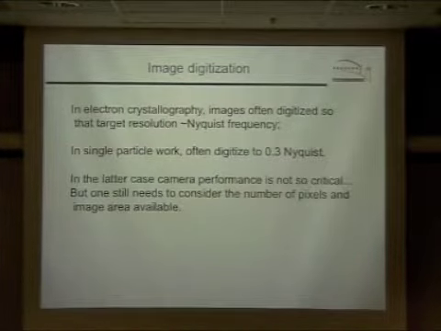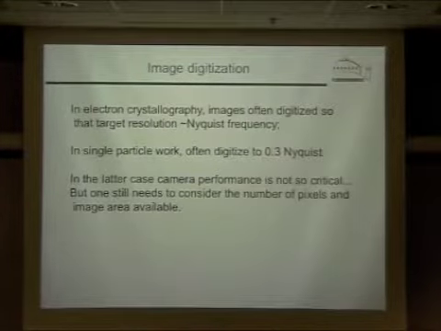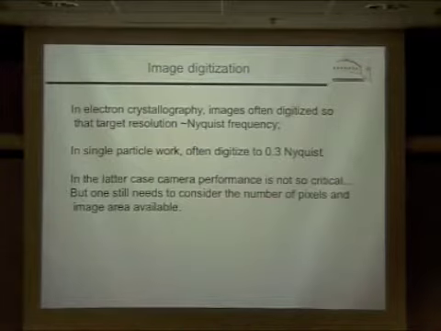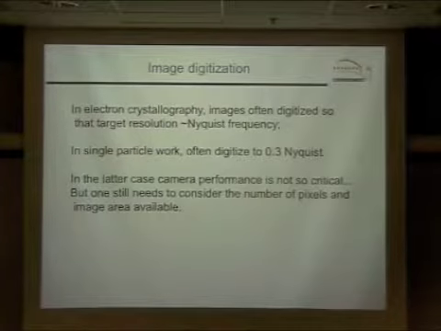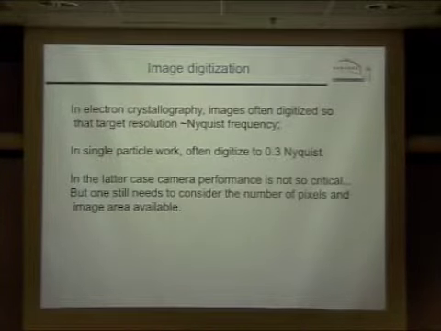And we used to digitize the film, and those of us who still do collect probably still digitized the film so that the target resolution corresponded to just about the Nyquist resolution.